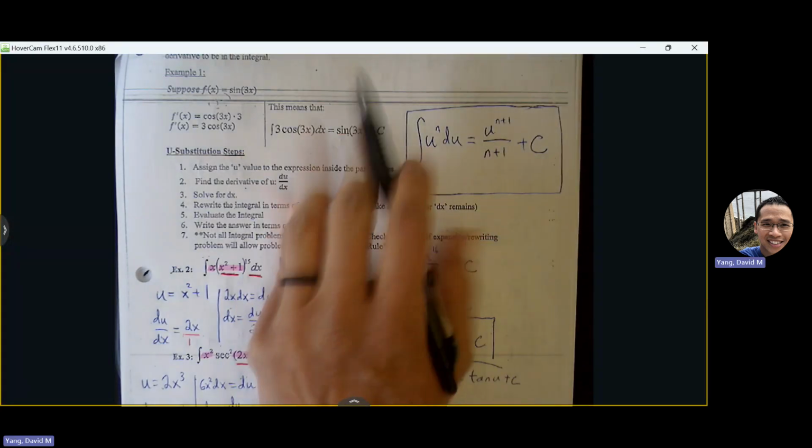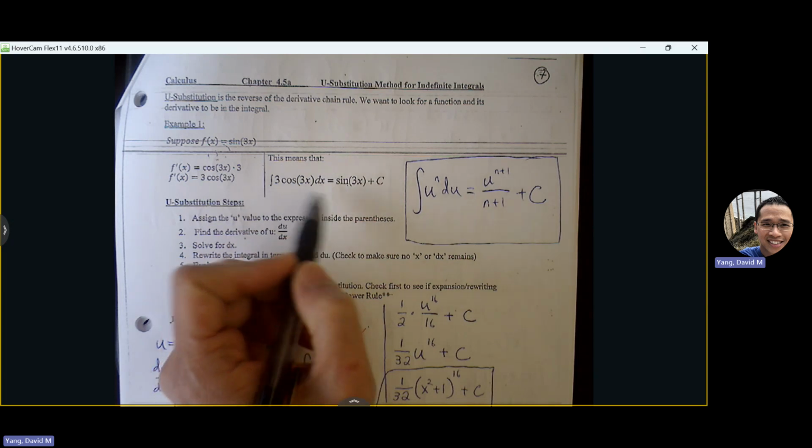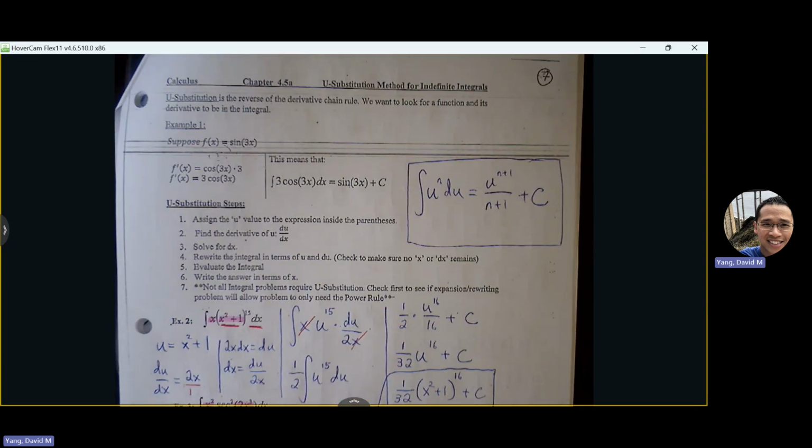For the more complicated problem, we're basically having to undo something that was coming from the chain rule from derivative.